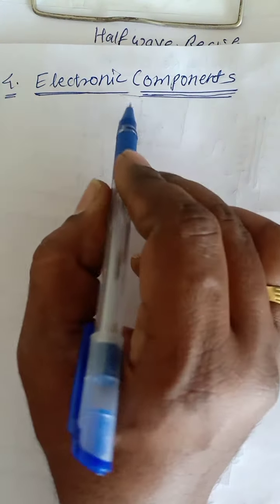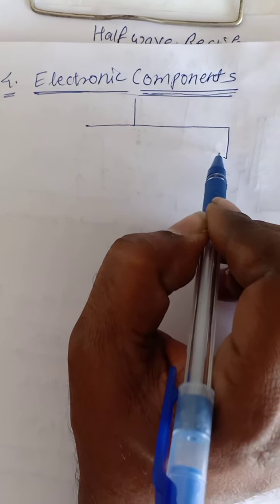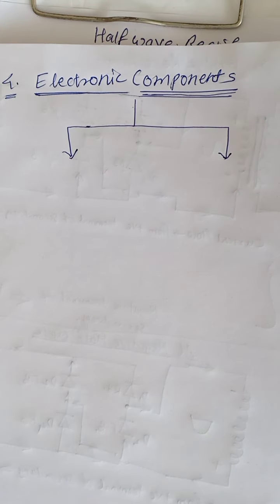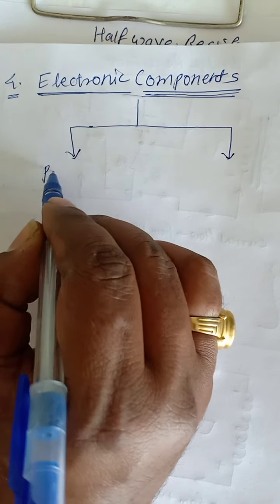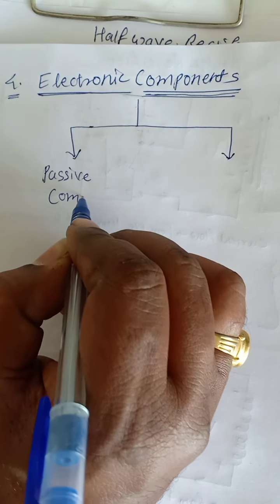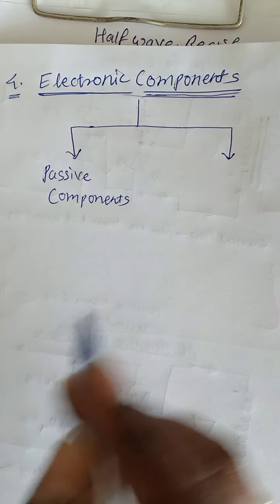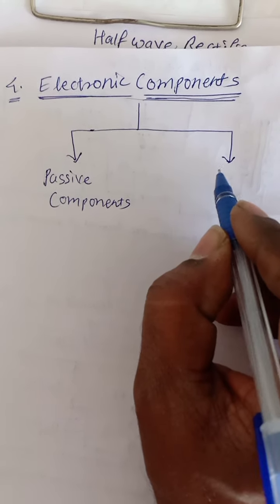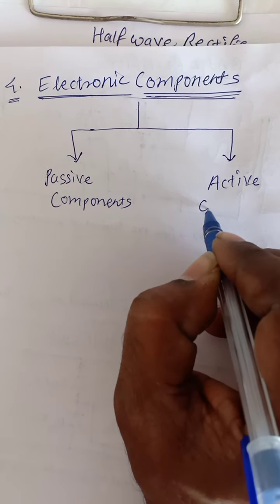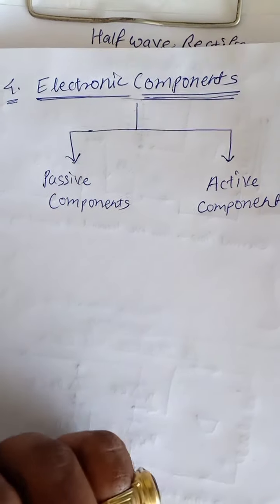So these electronic components form an electronic circuit, and they are mainly divided into two types. First one is passive components, and second one is active components.